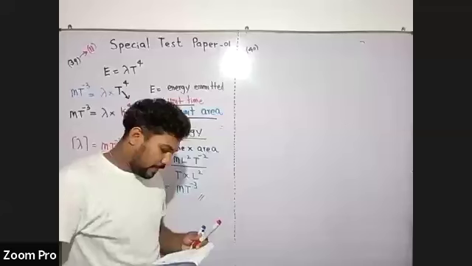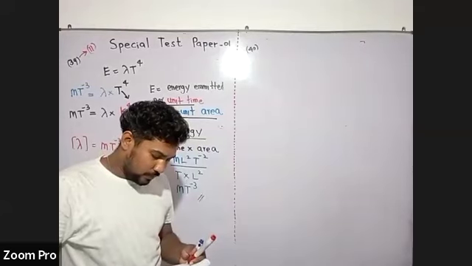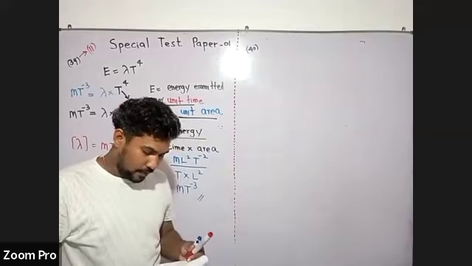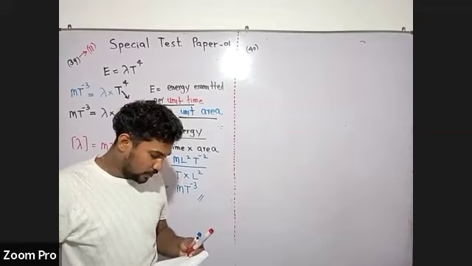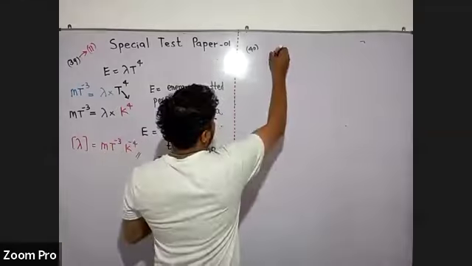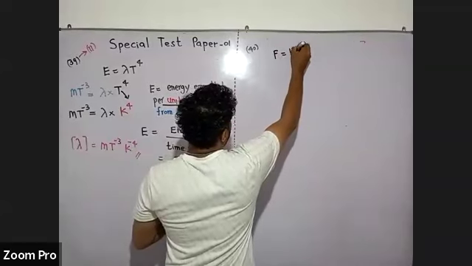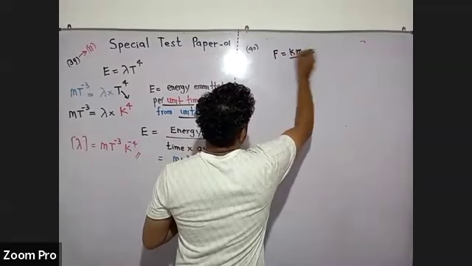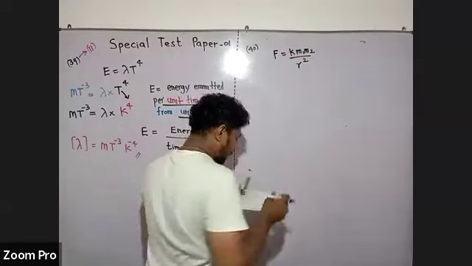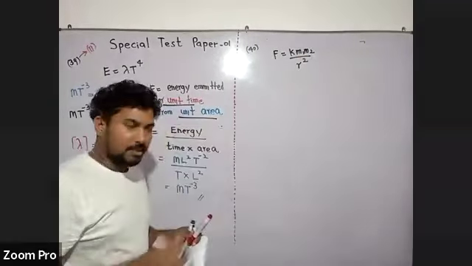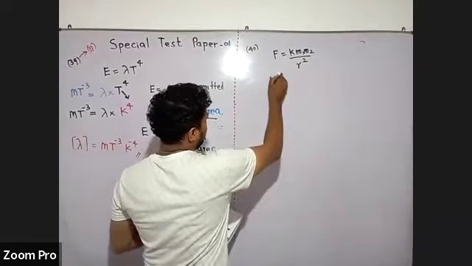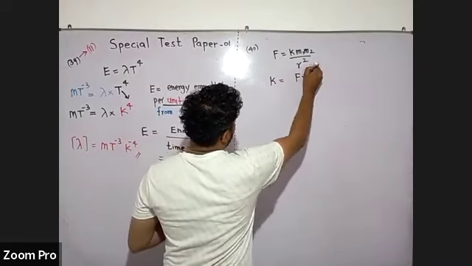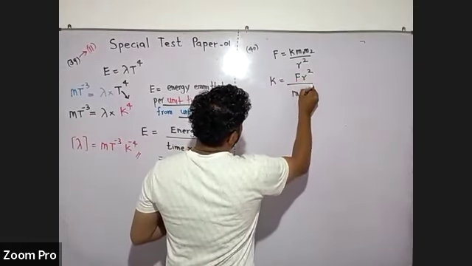M1 and M2 are masses while R is the distance between those two masses. What are the dimensions of the proportionality constant? This is the equation: F equal to K M1 M2 over R squared. They are asking about the dimensions of K. What is the procedure? We make K the subject, that is F R squared over M1 M2.